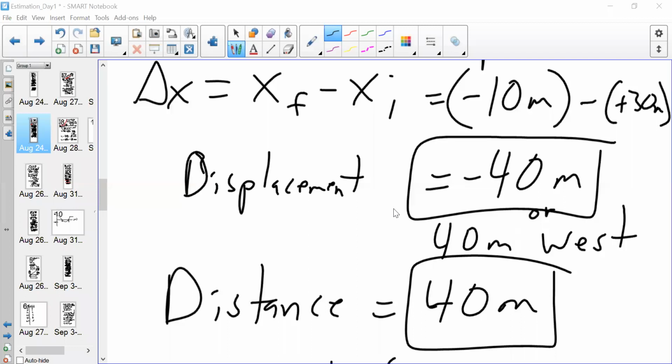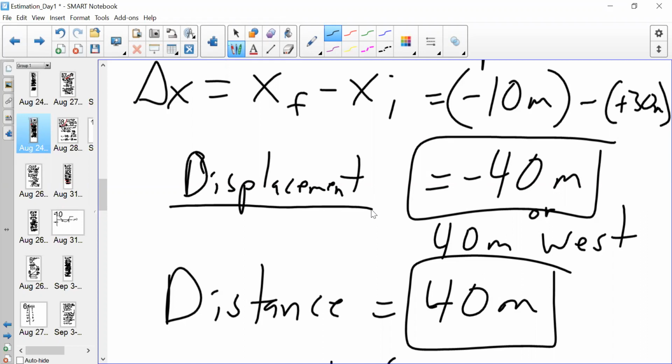My bad. Yeah. So you just add it twice for distance, but for displacement, that'd be 0. So in physics, we're only concerned with displacement. What happens between the final and initial positions?